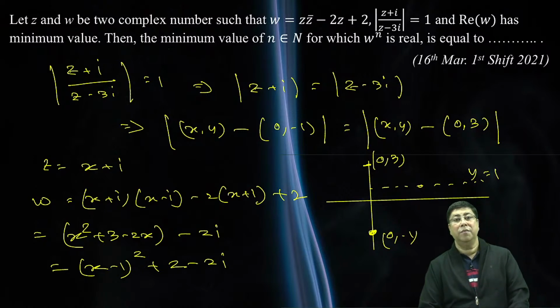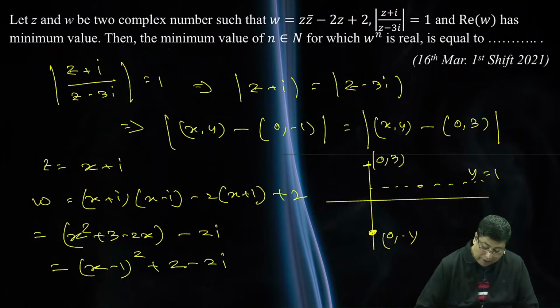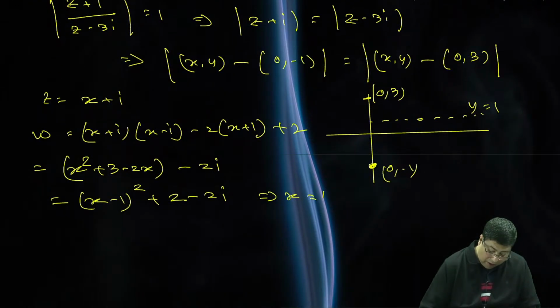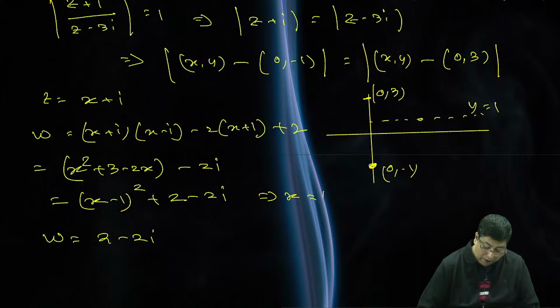Real omega is minimum when x equal to 1. Since x equal to 1, therefore omega equal to 2 minus 2i, that is 2 root 2 into e to the power minus i pi by 4.